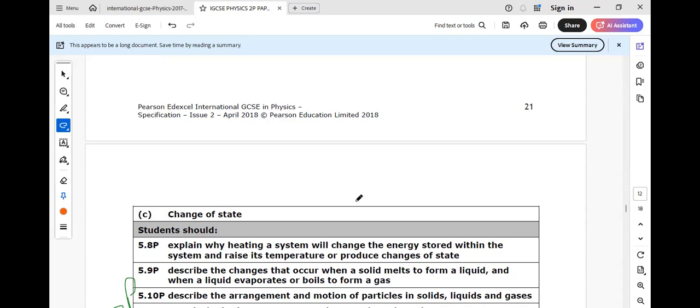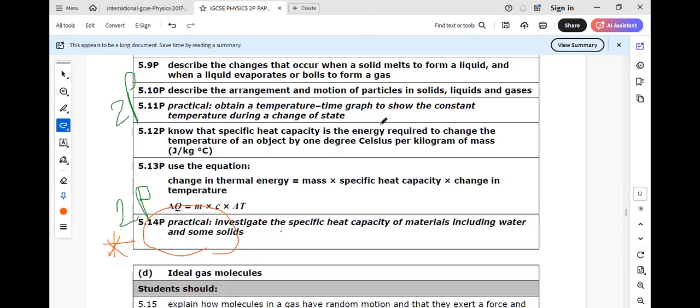But the two experiments which we really need to focus on, I would say, are specific heat capacity and the sound experiment with the oscilloscope. Because these two experiments, or rather the questions, are not seen in 1P papers, we are not much familiar with them.